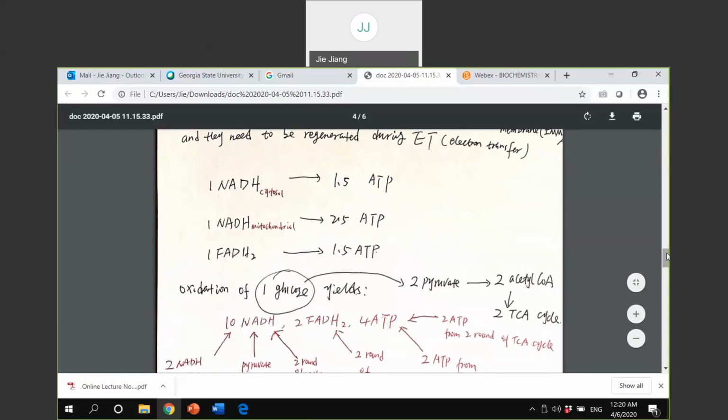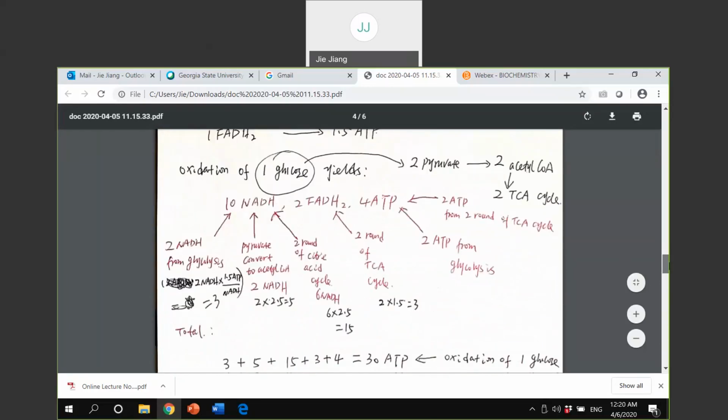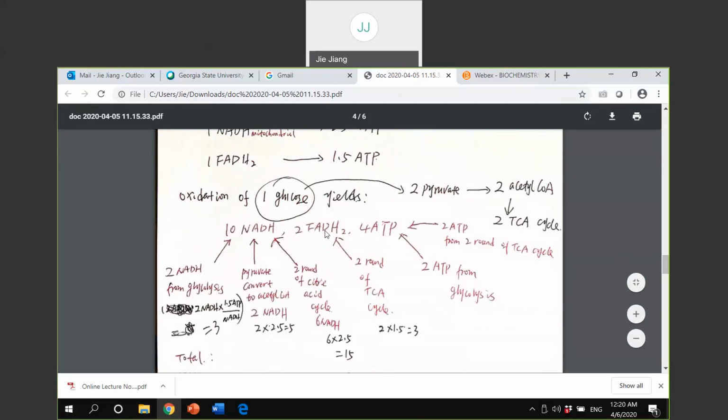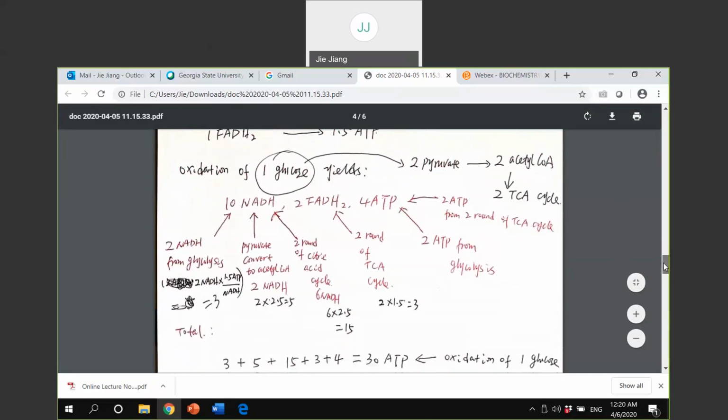So now let's calculate how many ATPs can be generated from one glucose. Of these 10 NADH, 2 NADH are generated from glycolysis, and we know glycolysis occurs in the cytosol, right? So each of these 2 NADH will generate 1.5 ATP, because cytosol only 1.5 ATP. So totally you should generate 3.